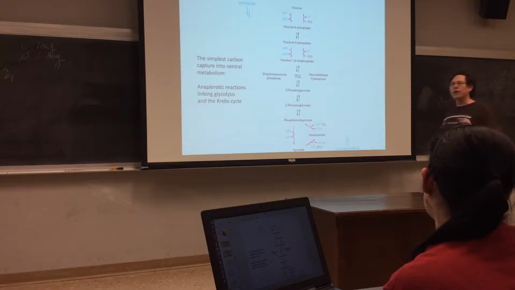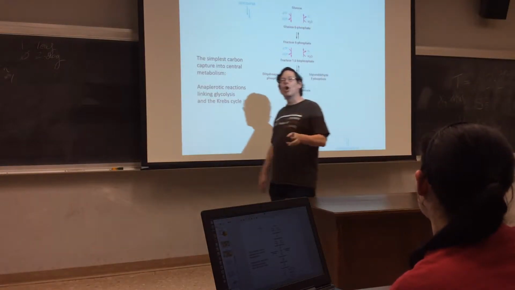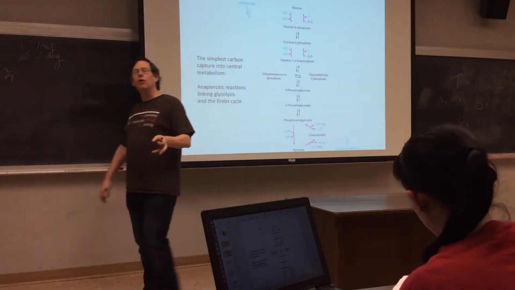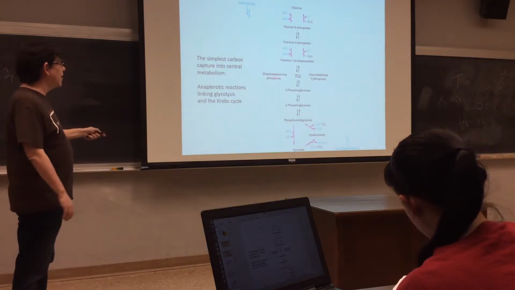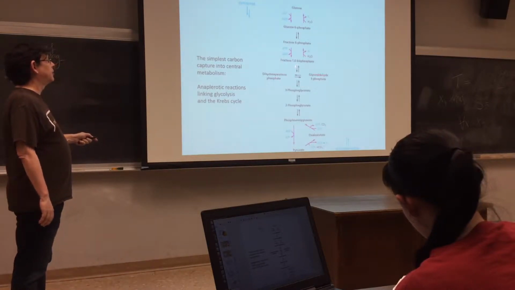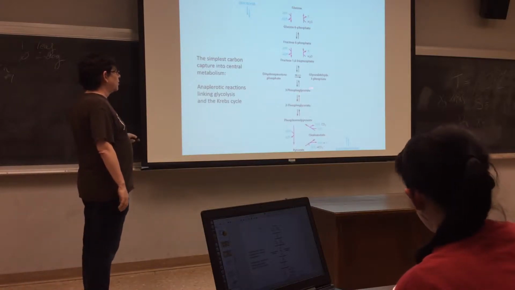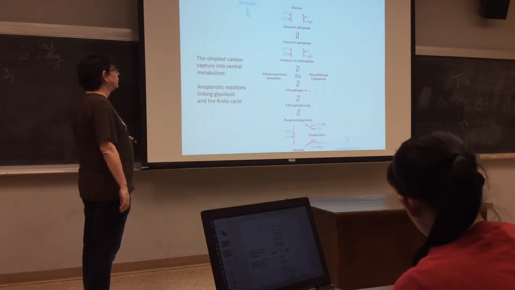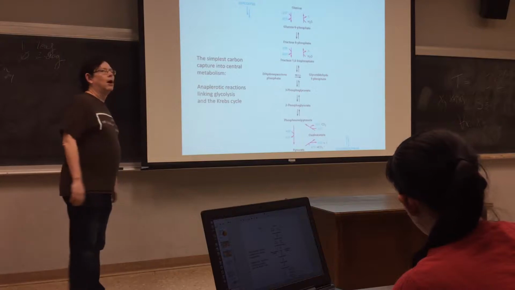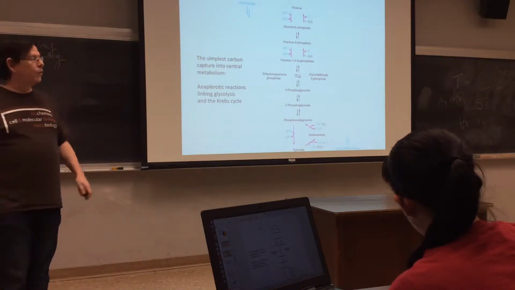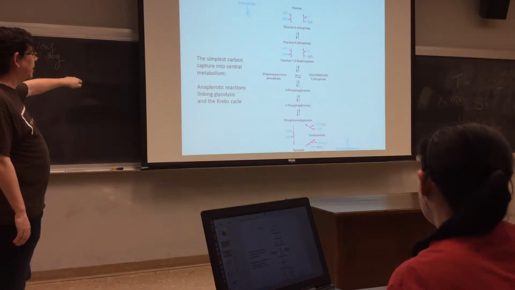You can either run the electrons to cleave a carbon-carbon bond, or you can reverse the aldolase reaction to put together dihydroxyacetone and glyceraldehyde 3-phosphate to make fructose 1,6-bisphosphate. This is all reversible, including the 3-phosphoglycerate to glyceraldehyde 3-phosphate reaction, where we have a reducing equivalent participating.